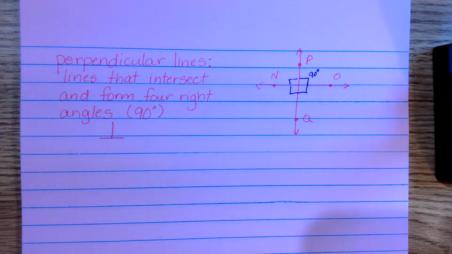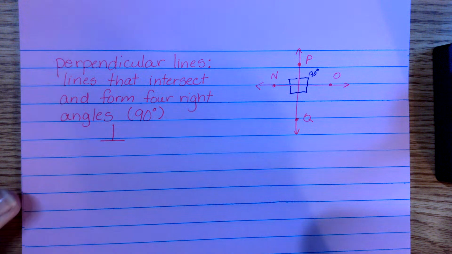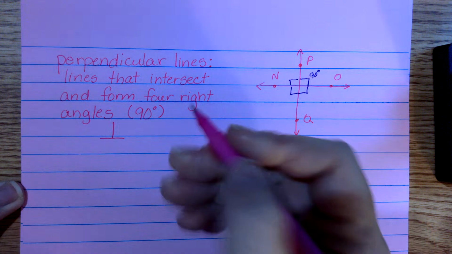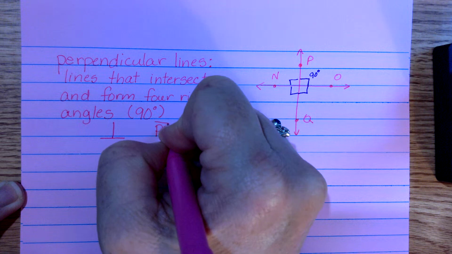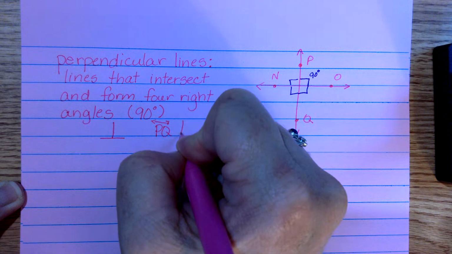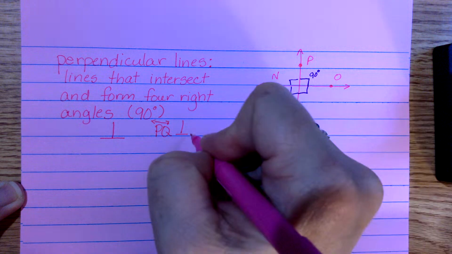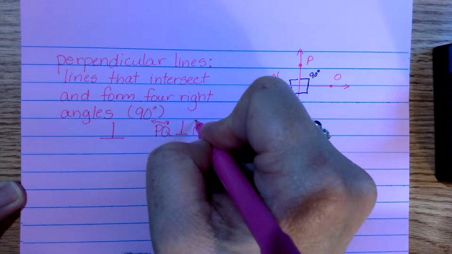So when we write this, it would look like PQ, line PQ, perpendicular to line NO.